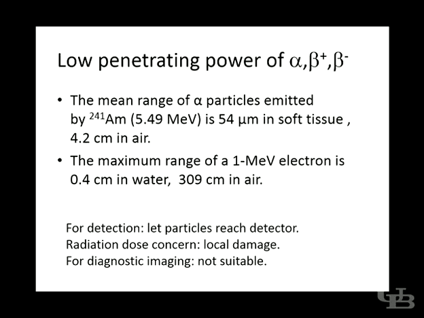So that makes the probability of interaction high, and high probability means a high number of interactions, or losing energy. So they lose energy fast, and that means they cannot go that deep or that far. That means low penetration power.